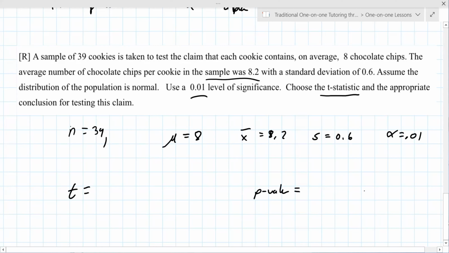So we have 8, 8.2. And then the direction of the sign is used. So on the t-test, do I pick greater than or less than?